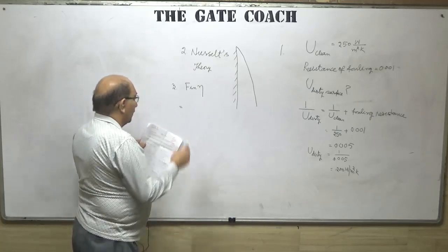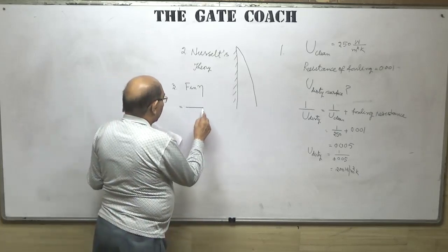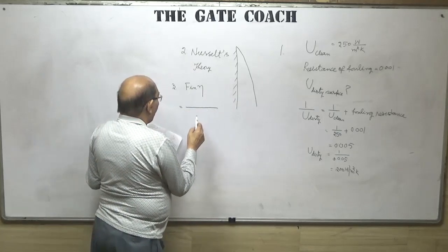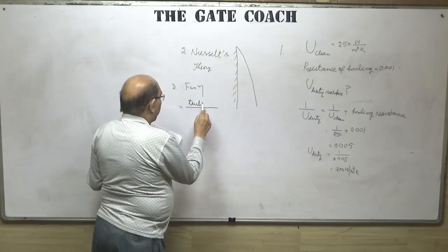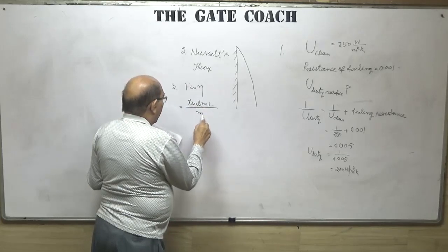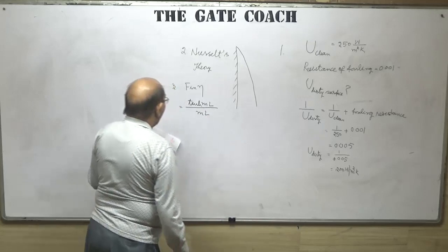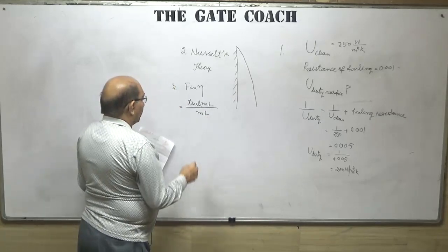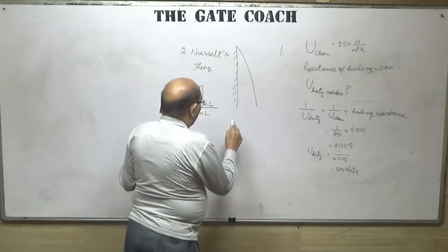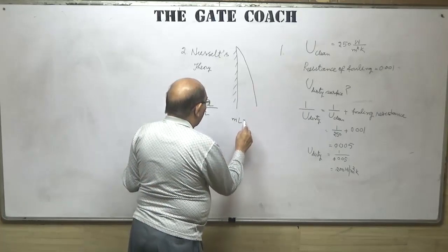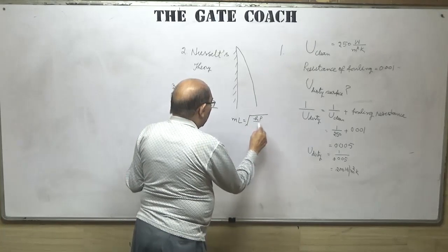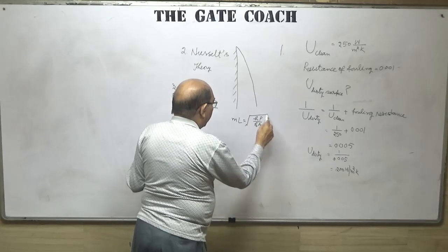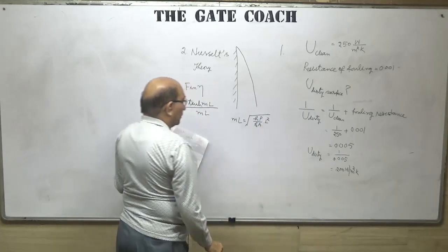For efficiency, if you remember, it was tanh(mL) upon mL. So we have to determine the value of mL. m is under root of hP upon kA, and if I take L within the square root sign, it is L square.